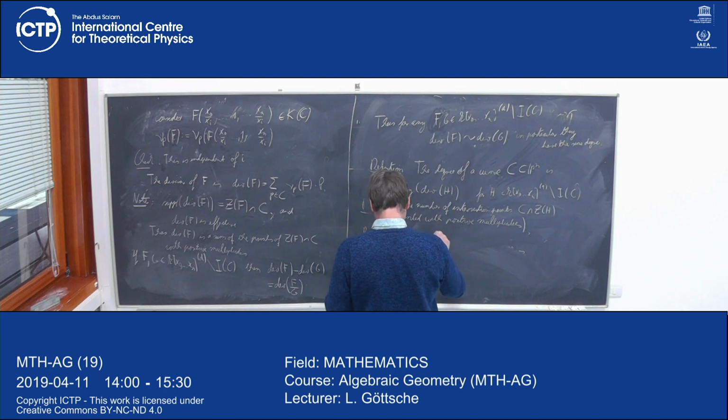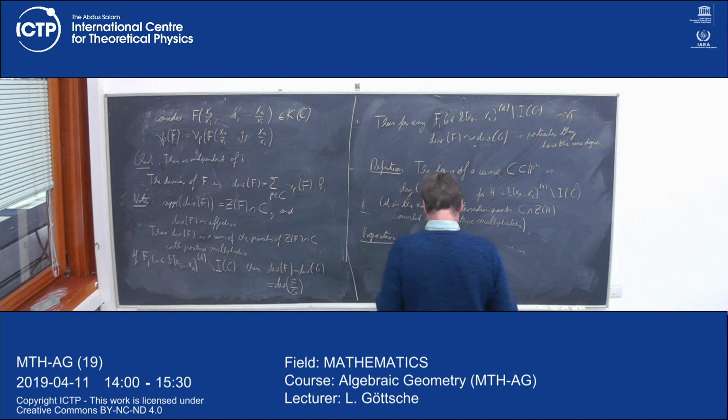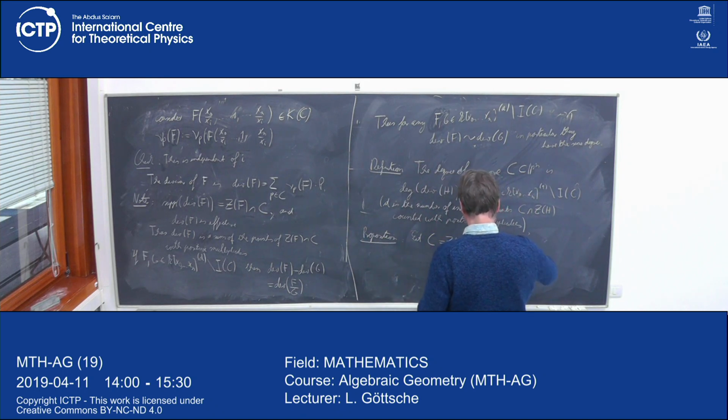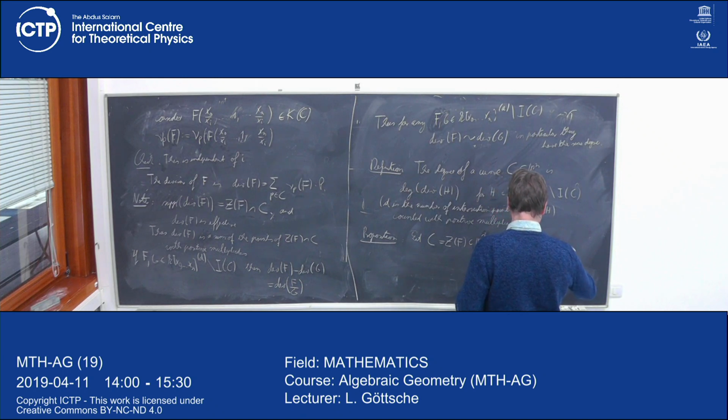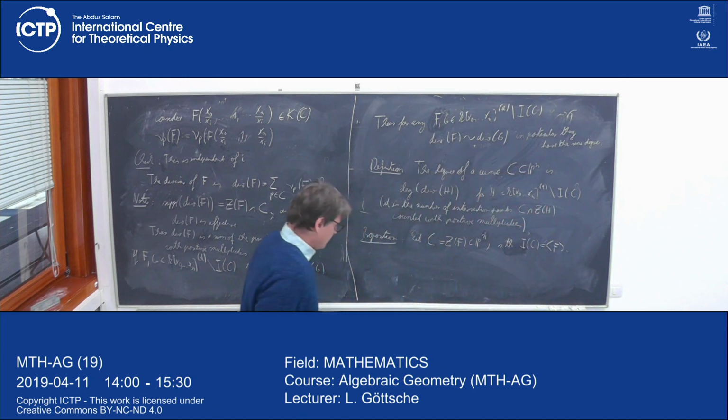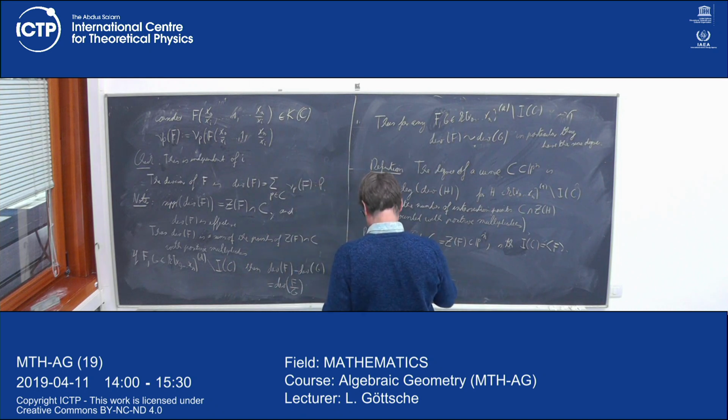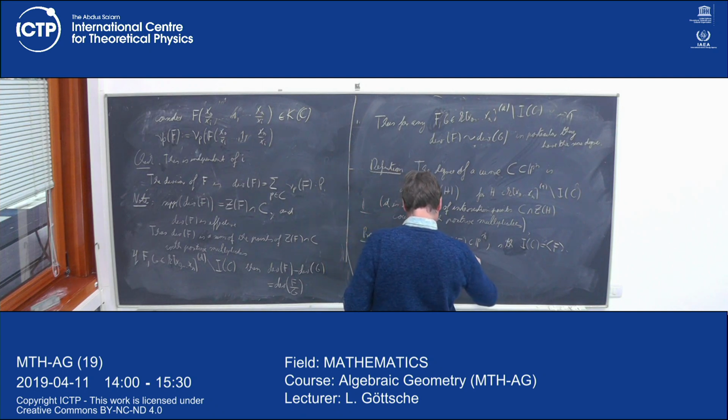Let C be the zero set of some polynomial f in Pn, such that actually the ideal of C is generated by f, and then f has degree d, I mean homogeneous of degree d.